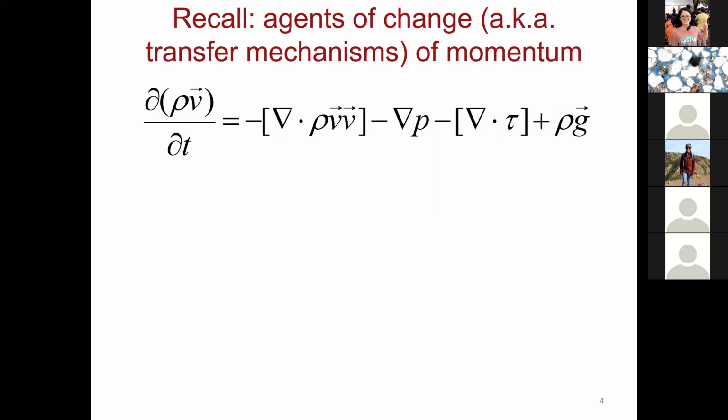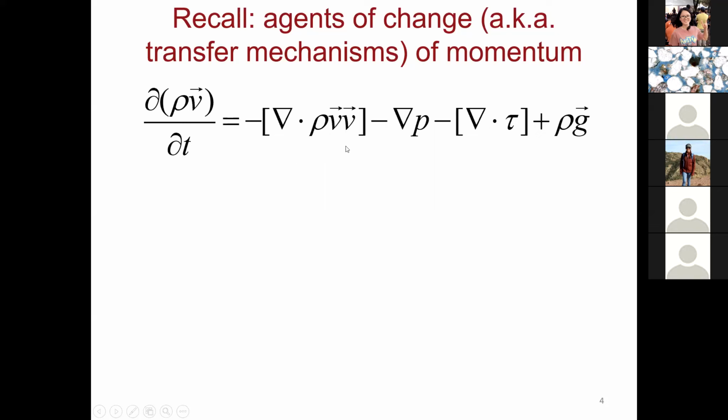So what are the mechanisms for energy transfer? Let's first briefly review what happens with momentum. We have a change in momentum, and we can have what we were calling molecular momentum transfer, with the pressure gradient driving it. We can have external forces such as rho g, and then we have viscous forces as well as convection.